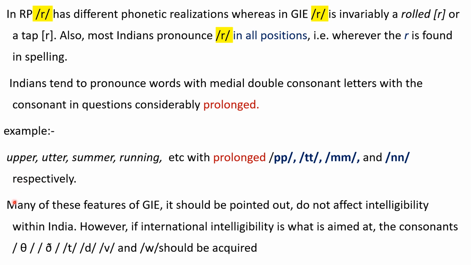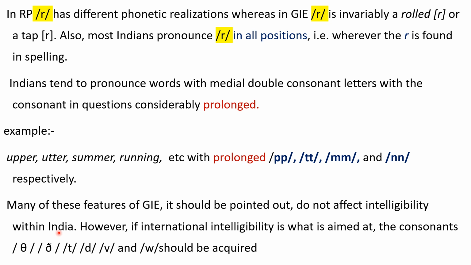So next, many of these features of GIE, it should be pointed out, do not affect intelligibility within India. However, if international intelligibility is what is aimed at, these consonants should be acquired. So in India, with the varieties of English, there is no problem.